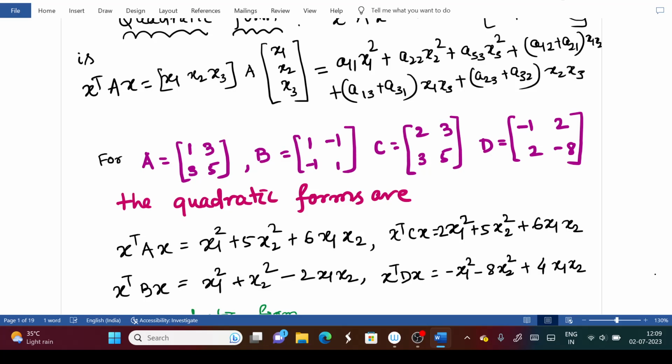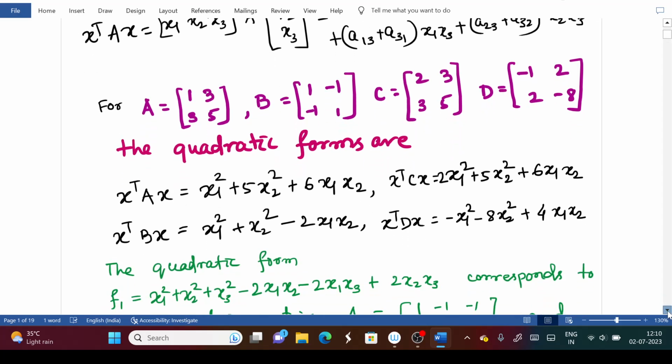For C it is 2 x1 square plus 5 x2 square plus 3 plus 3, that is 6 x1 x2. In case of D, the quadratic form is minus x1 square minus 8 x2 square plus 4 x1 x2. So these are all written here.